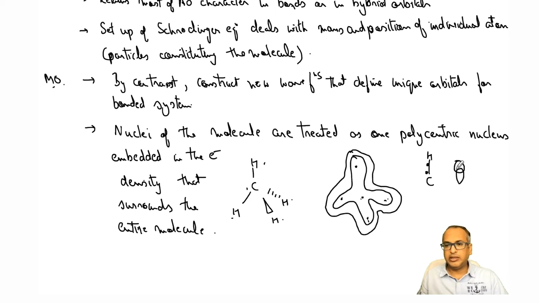This is the 1s, and this is sp3, and there is an overlap between the proton and carbon orbital, with one electron pair residing in this overlap bonding orbital, right? This picture is totally different from what MO theory explains. MO theory says there is a molecular orbital which covers the entire molecule, and all the electron density is present surrounding the entire molecule, right?